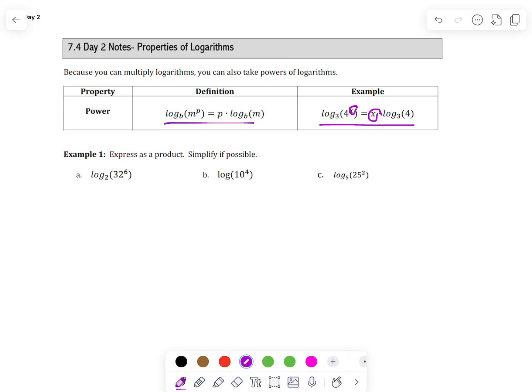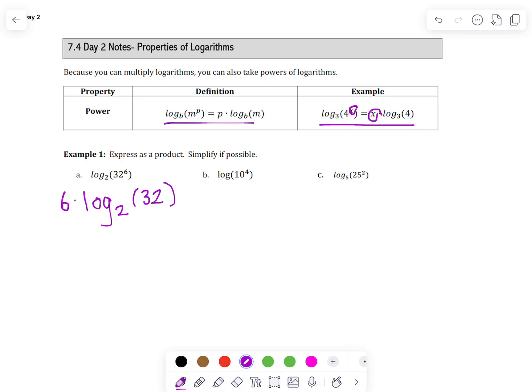So we have some examples here. The first one says logarithm base 2 of 32 raised to the 6th power. So what we can do is take that 6 and bring it down in front. And then we can change that 32 to an exponential of the same base of 2.